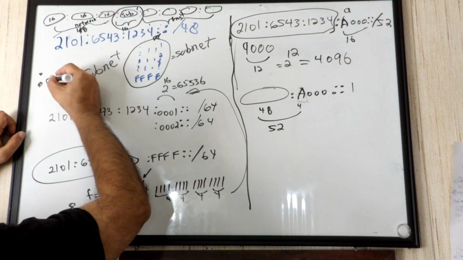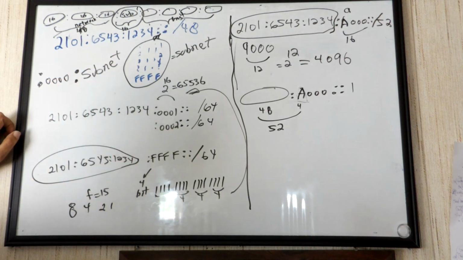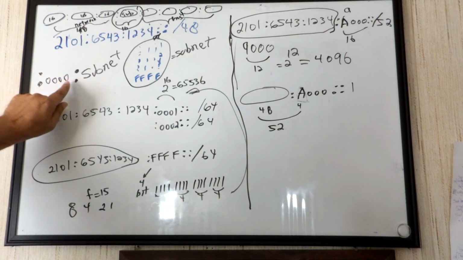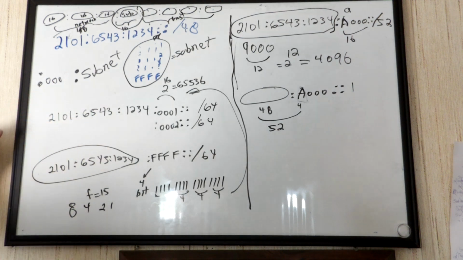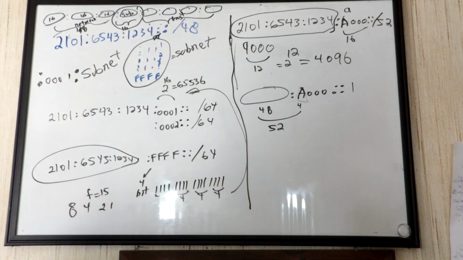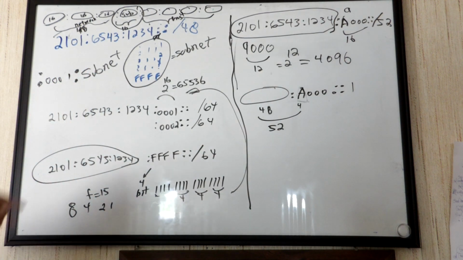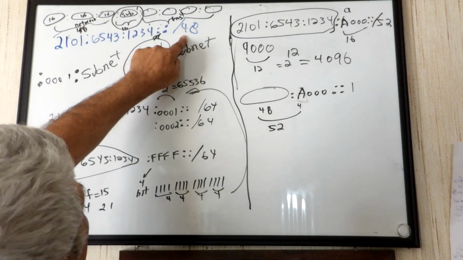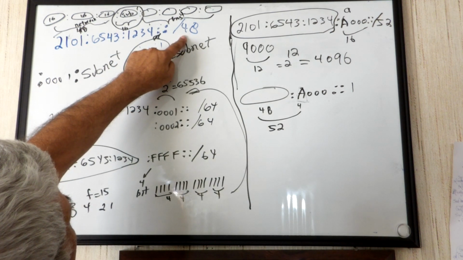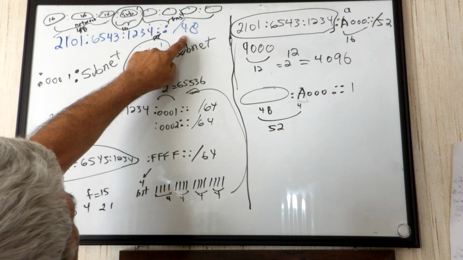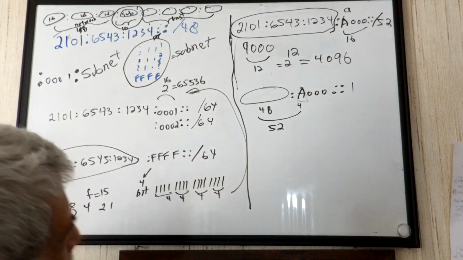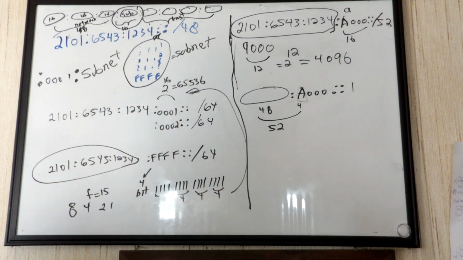There are 4. Actually, it depends on this one here, 48. But what is that? It's pretty much the same as IPv4.